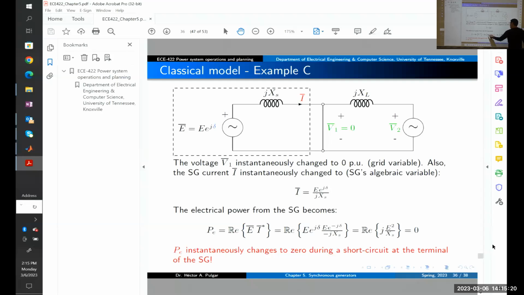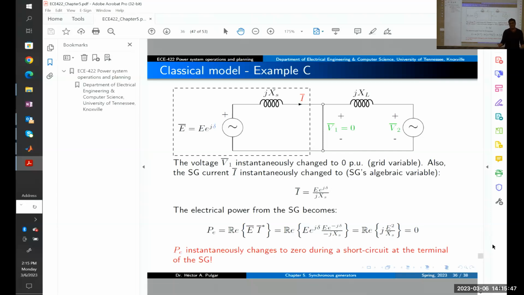Basically, you have here E squared, and the impedance is negative j Xs. 1 over negative j is just j. And the real part, because this is a purely imaginary number, is going to be 0. In this situation, then, the electrical power that comes out of the generator is 0. So what is the problem with that?